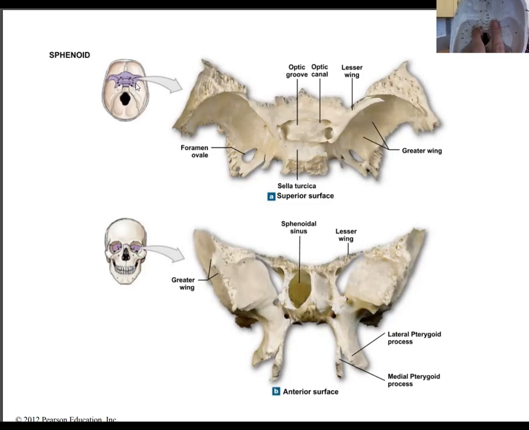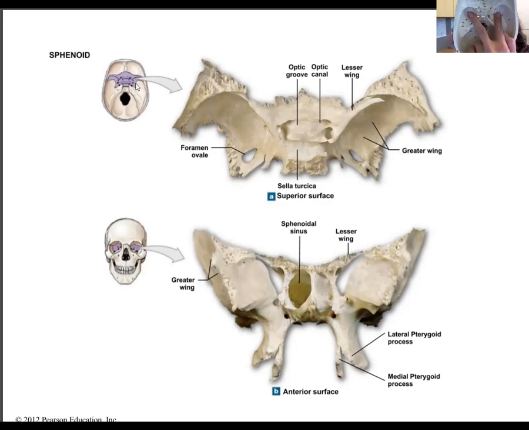Then you have these two holes here and here. Those two holes are called your optic canals. And then the bridge between your optic canals right here is going to be your optic groove. So this bone is called your sphenoid bone. This structure is called your lesser wings.